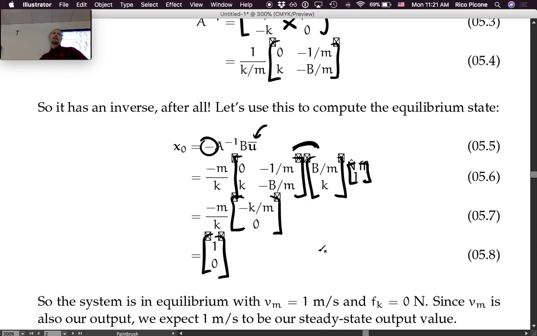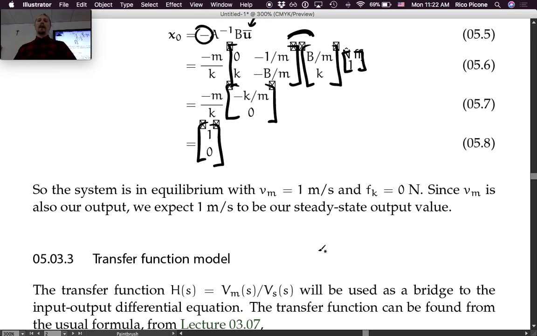So that's a pretty intuitive equilibrium. We would expect that to be an equilibrium, right? Where it's not transmitting any force and the velocities are the same. They're moving together at one speed. So the system is in equilibrium with that state.